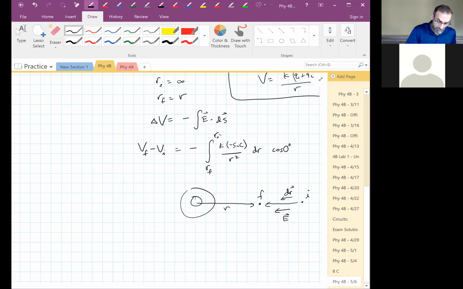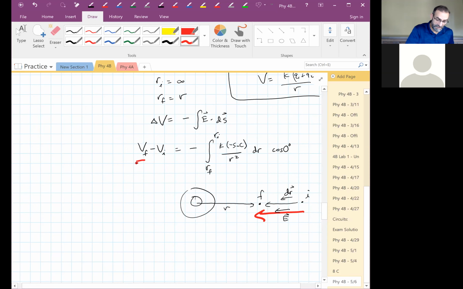So what do we know? V final minus V initial, what does that have to be? It has to be negative, because V final has to be less than V initial. The electric field points from the initial to the final place, and the electric field always points toward lower potential.